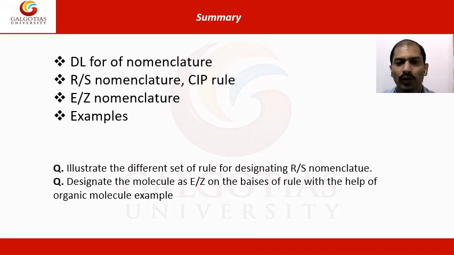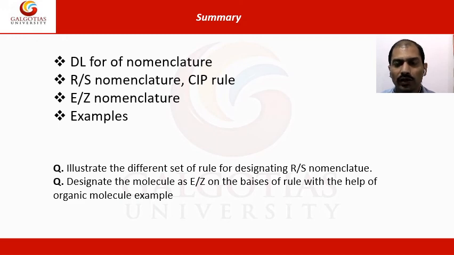Overall, a number of questions can be asked on this, like what the different rules for RS nomenclature are, and what the set of rules for EZ nomenclature is, and there are a number of examples in which RS nomenclature can be asked, and EZ nomenclature also can be asked.